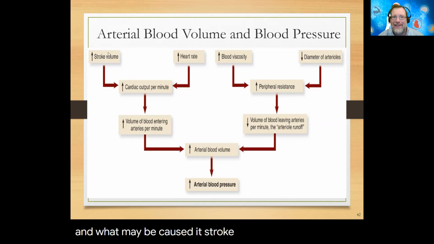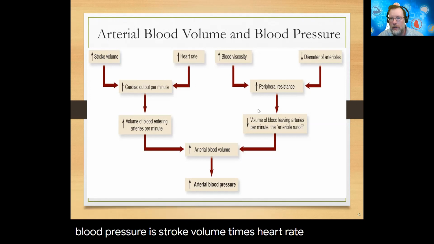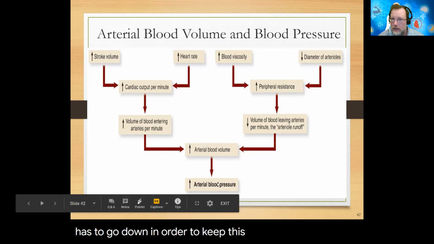Stroke volume. Remember, blood pressure is stroke volume times heart rate times resistance. So if any one of these goes up, then one of them has to go down in order to keep this balanced.